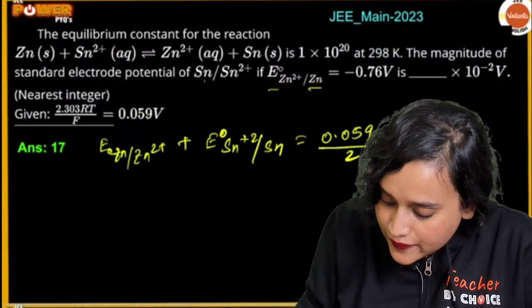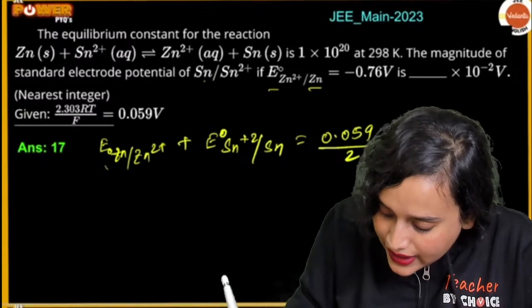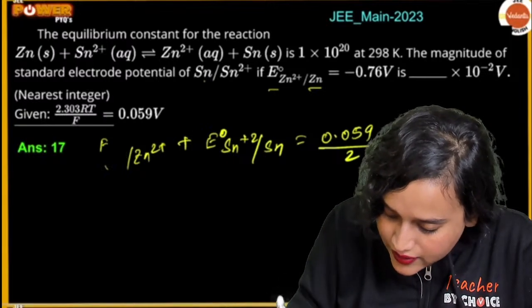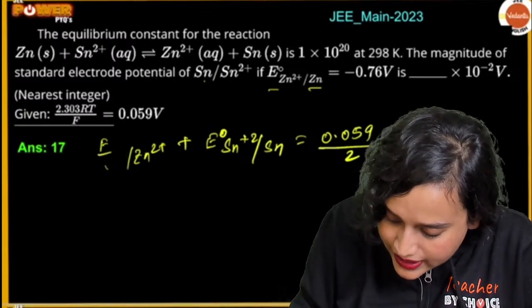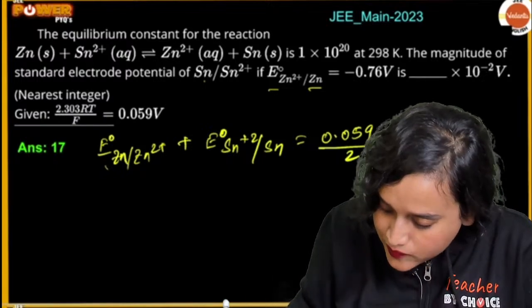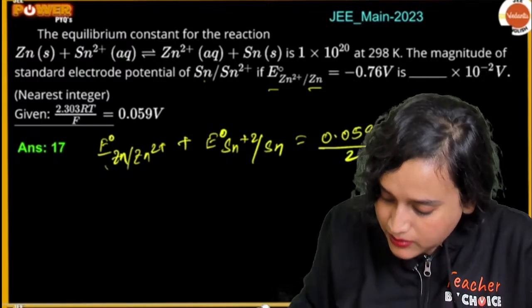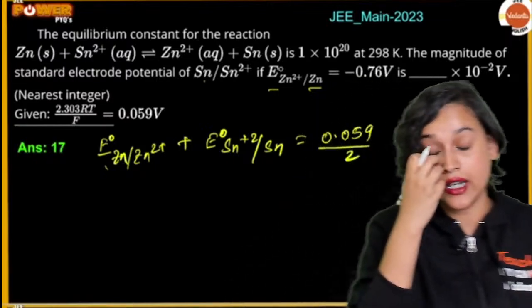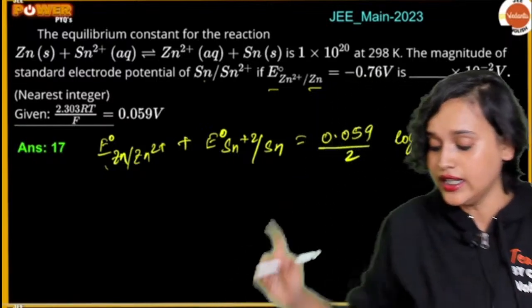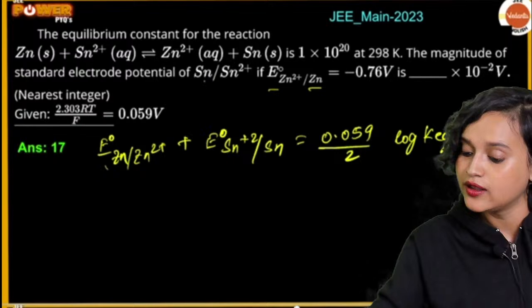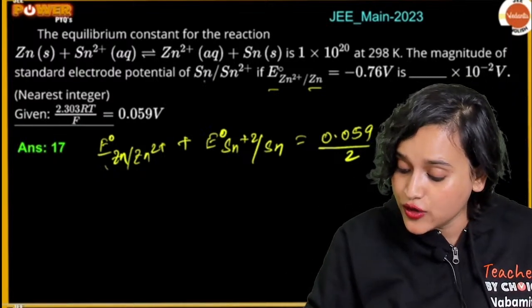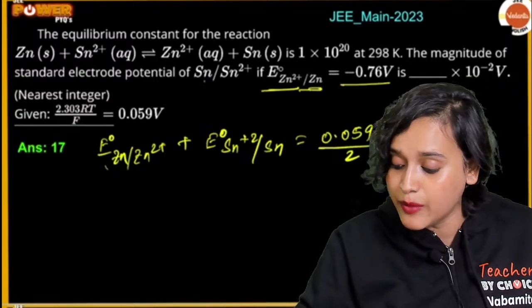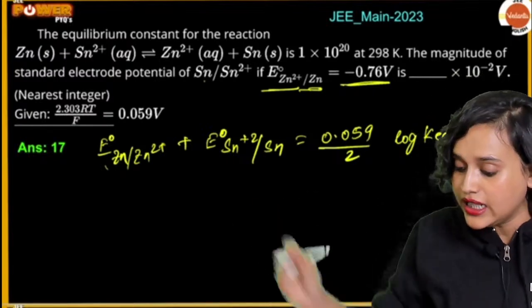But understand, for E naught Zn, sorry for this bad handwriting. Anyway, so as I was telling, the value that is given to you is Zn2+ to Zn is minus 0.76 volt. But here what have we written?